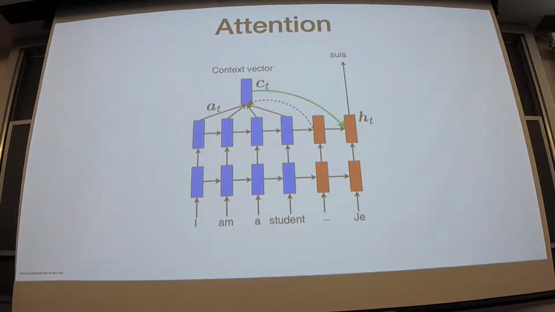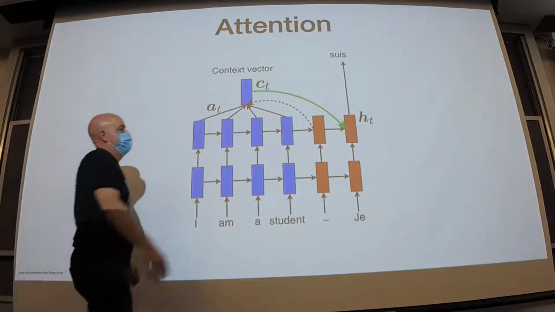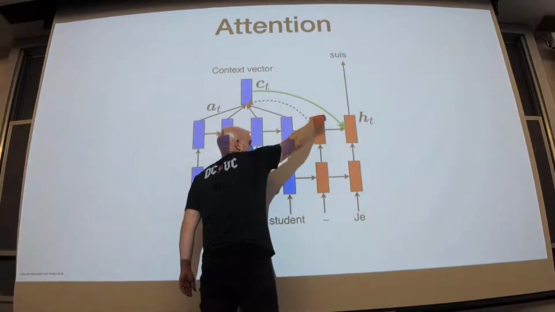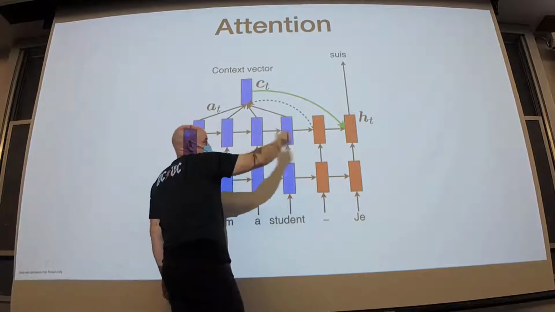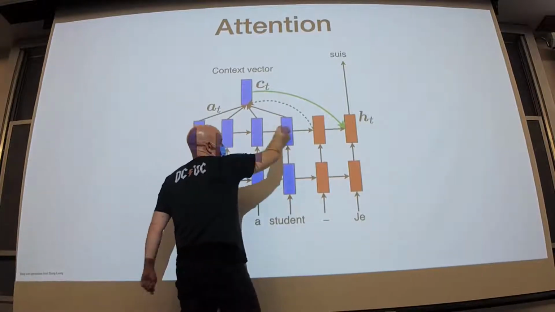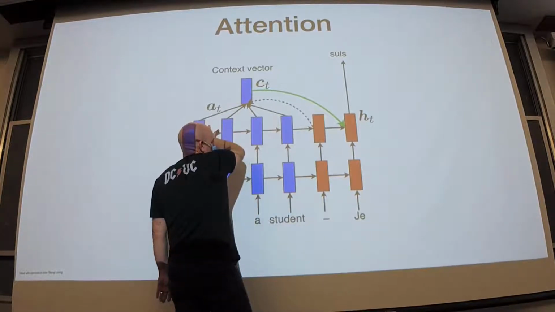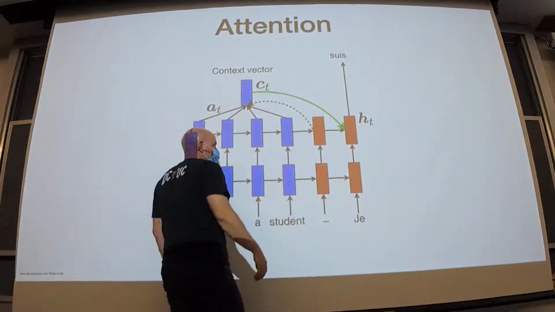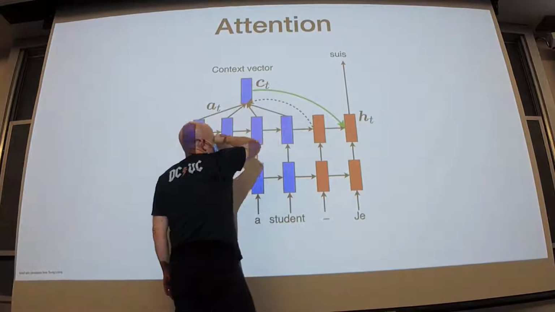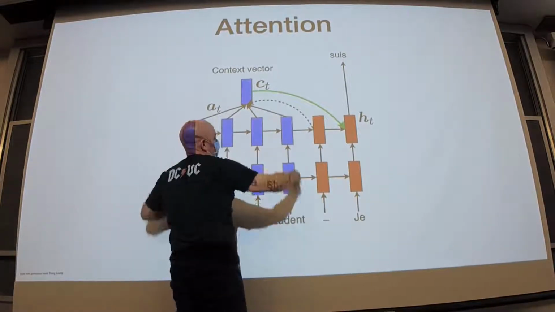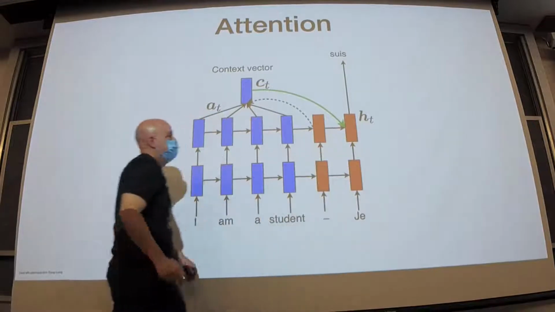Sort of weird, right? Because the hidden state here is, as I just said, an aggregation of all these. So in some sense, the thing here already contains all this information. And then you use it to re-aggregate this information to go into the next state.